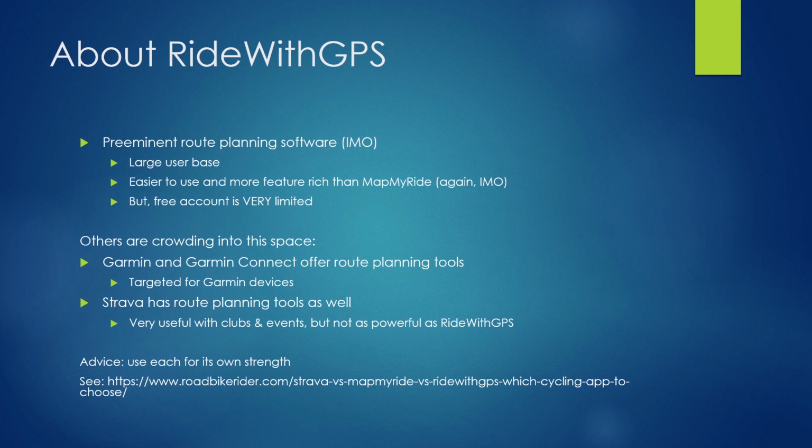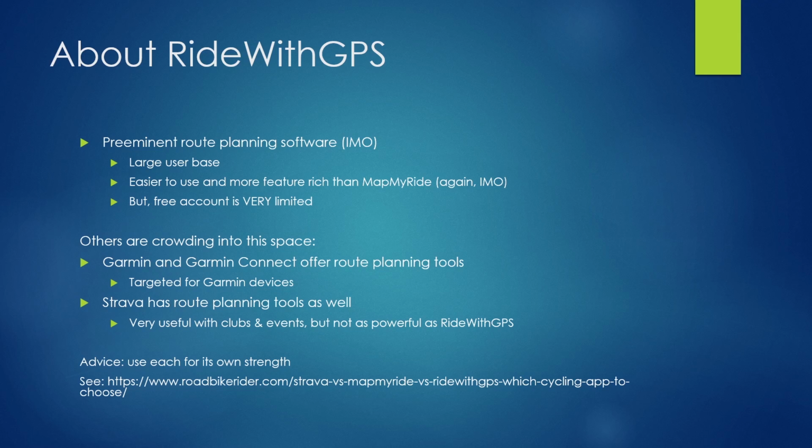Interestingly, when you look at how it's evolving, Ride with GPS and Garmin and Strava are all trying to occupy the same space. Each has its own strength. The strength of Ride with GPS, in my opinion, is really its route creation capability. With Strava, it's much more the social aspect. You can share what you've done with folks who are more likely interested in seeing it than perhaps on Facebook.